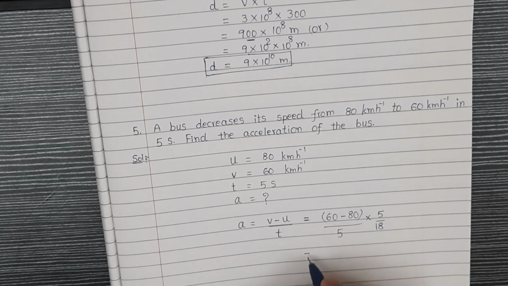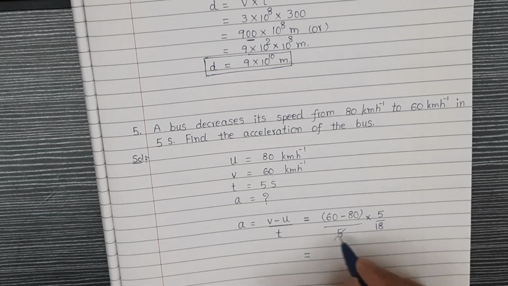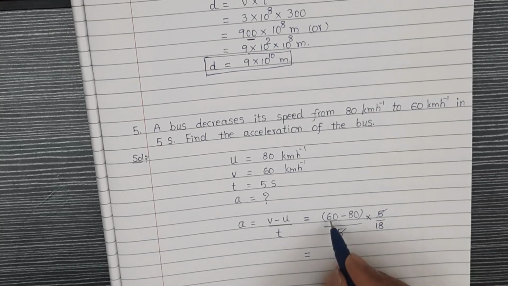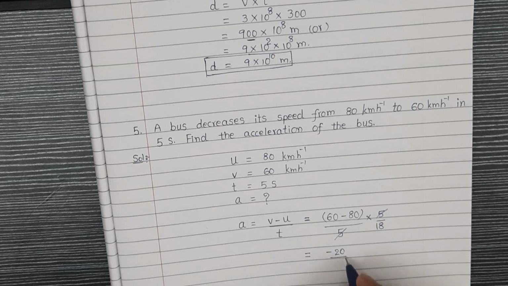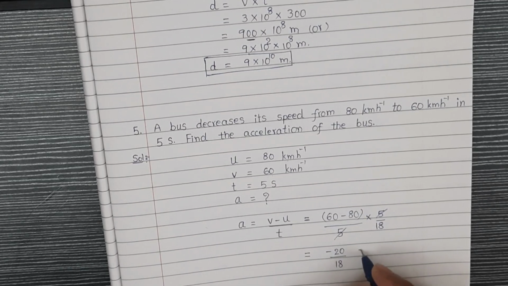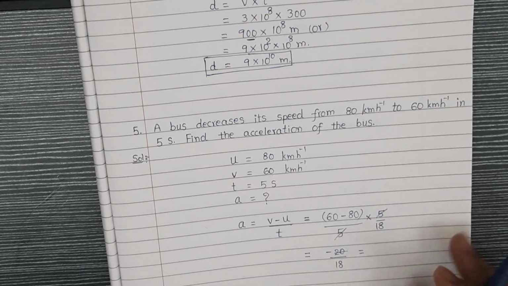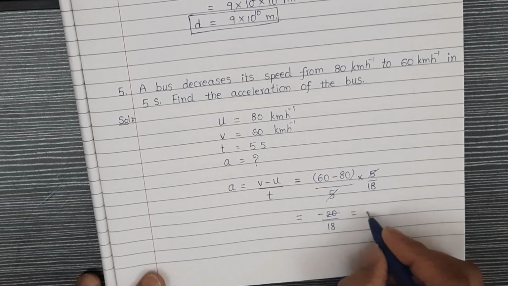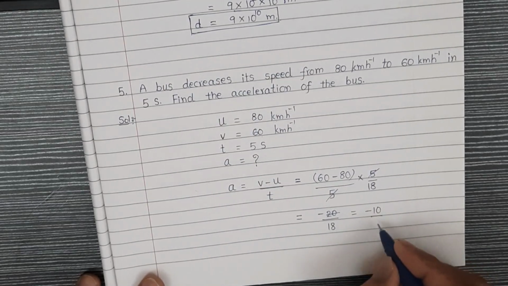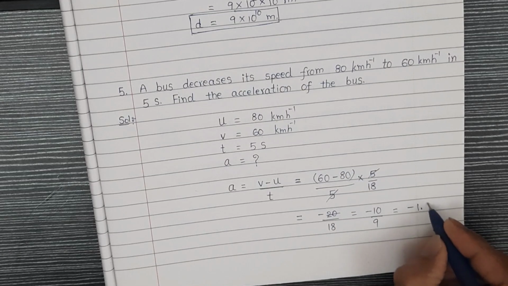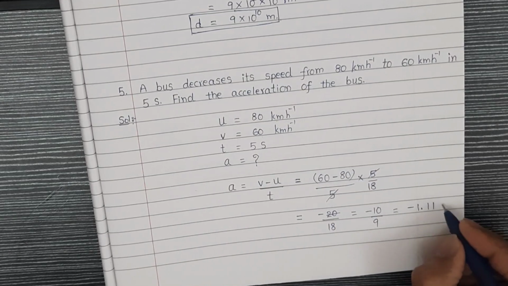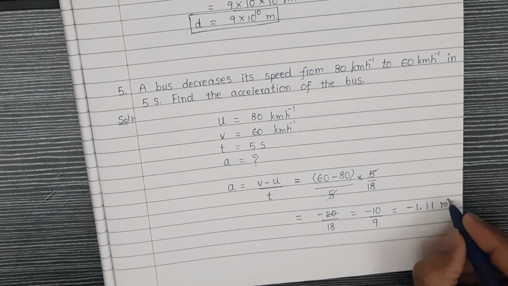So we can do the question in a simple way. 5 can be cancelled, 60 minus 80 is minus 20 upon 18. You can further simplify this by using two table. Negative 10 by 9. You will get minus 1.11 meter per second square.